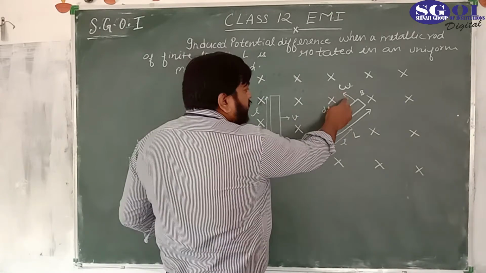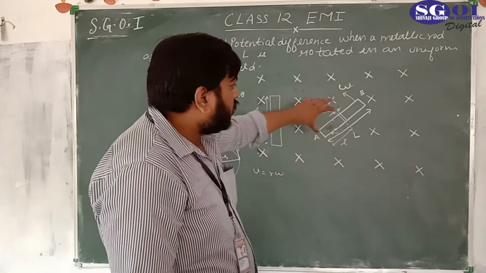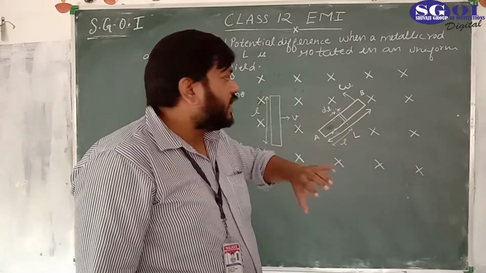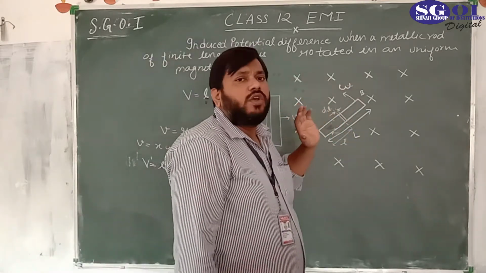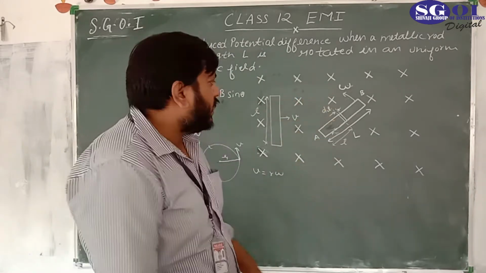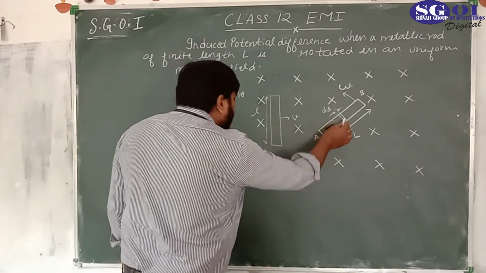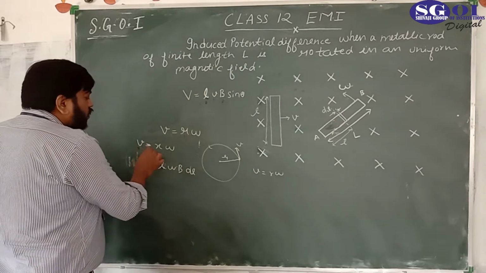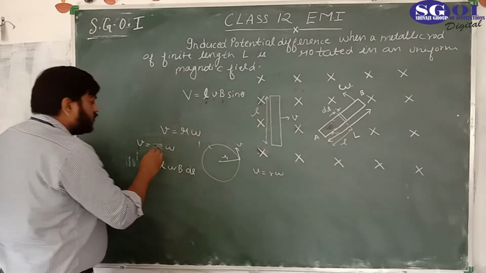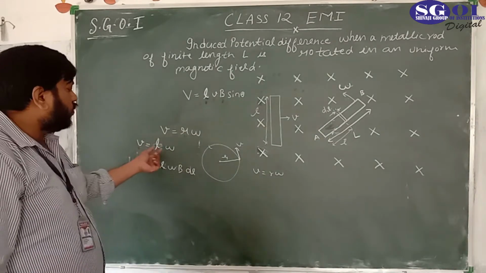Don't be confused by the direction of omega; the object is rotating with constant angular velocity, which I have written as omega, because angular velocity is represented by the term omega. The linear velocity is v equals x, not x here because I have taken l, so v equals l omega.